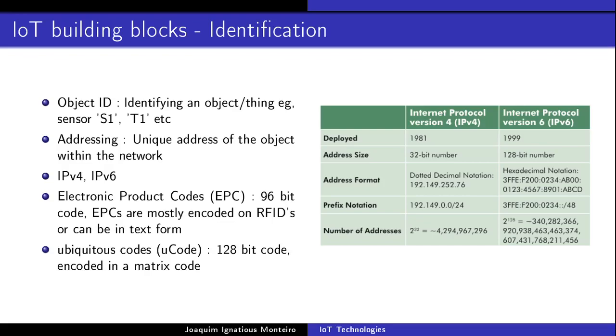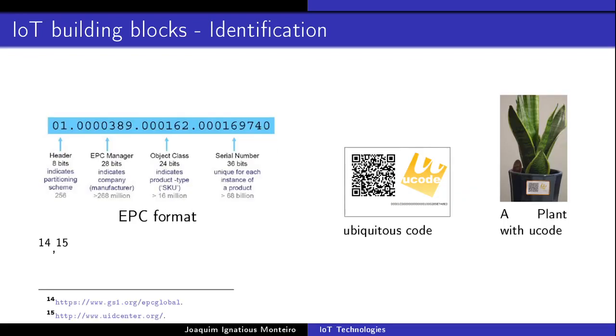If you travel on NH66 towards Thrissur side, you will come across two toll booths, one in Aroor, Kumbalam, and the other one Paliyekkara. Two toll booths, at least in Kerala there are two of them. You require a FASTag, or else you pay double the toll. That's it. And again, the U code is something which is really coming up. It is a matrix code. It looks almost like a QR code. So this is the format for EPC. These are all standardized by EPCglobal. EPCglobal is in fact an outcome of the Auto-ID Center.